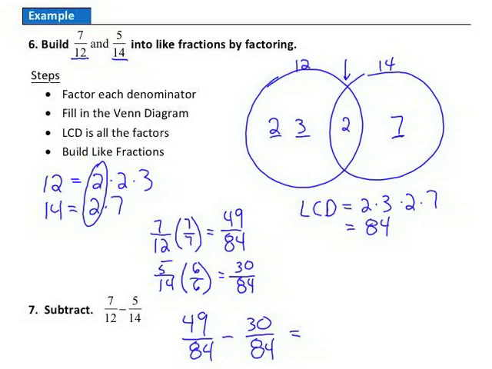Now I have like fractions. Both have the same denominator, so now I can subtract. 49, take 30 away from 49, that's going to give us 19/84. Well, 19 is a prime number, and it is not a factor of 84, so 19 and 84 do not share any common factors, so that is my final simplified answer.